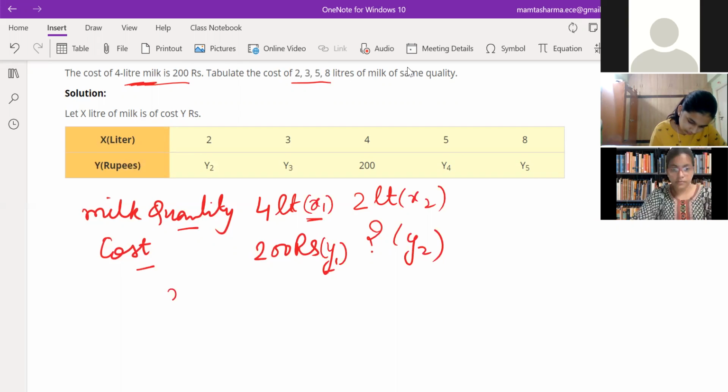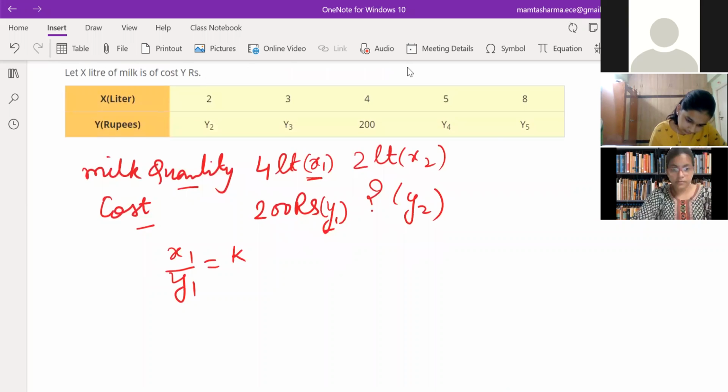I have told you that in direct proportion, x1 by y1 will remain constant. So we can equate the x1 by y1 ratio with the x2 by y2 ratio, x3 by y3. The ratio will remain constant. That is the definition of direct proportion itself.